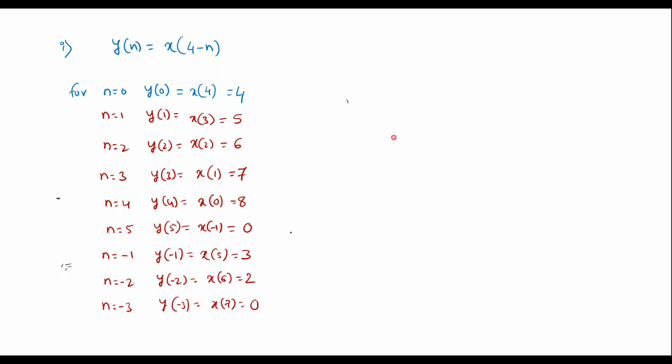Now let me draw y of n signal. So this is y of n. We have 0, 1, 2, 3, 4, 5, 6 and so on. Say here minus 1, minus 2, minus 3 and so on.